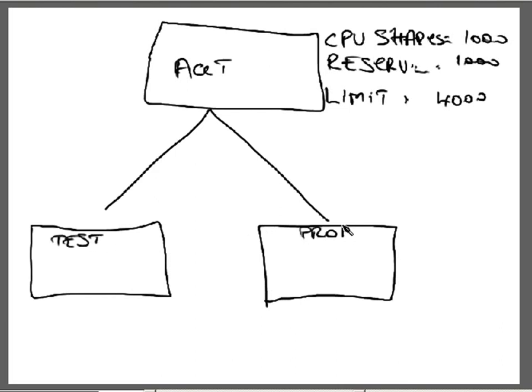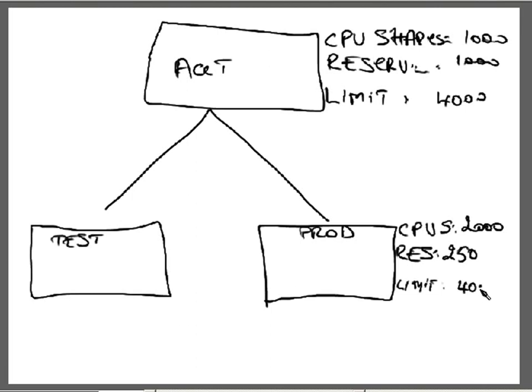Now, in the production, for CPU shares, and I'm going to just say CPU S here, you guys are going to know what that means, it's 2,000. And for the reservation, res, we're going to make it 250. And for the limit or the cap, we're going to make it 4,000.